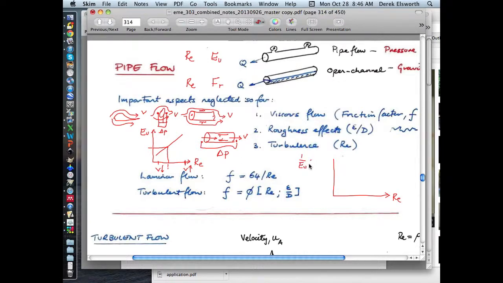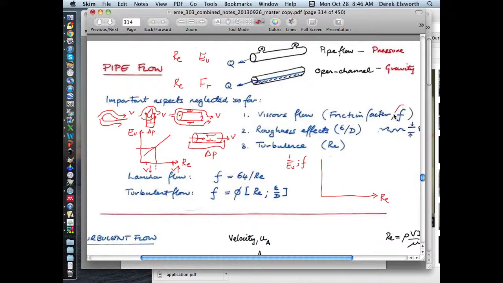And it's going to be proportional to a head loss, and something that we'll call a friction factor. We'll call it squiggly F. In fact, you see the suggestion that that's going to be the case here. And we'll find that if we look at flows along pipes, we'll get a relationship that looks like this for laminar flows.